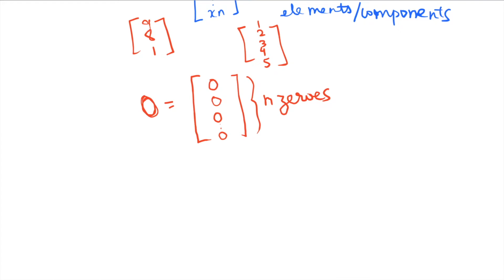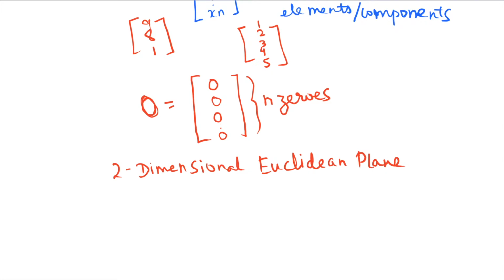More formally, the two-dimensional Euclidean plane is denoted by a bold R with a superscript 2, and it's defined as the set of all two-dimensional vectors.